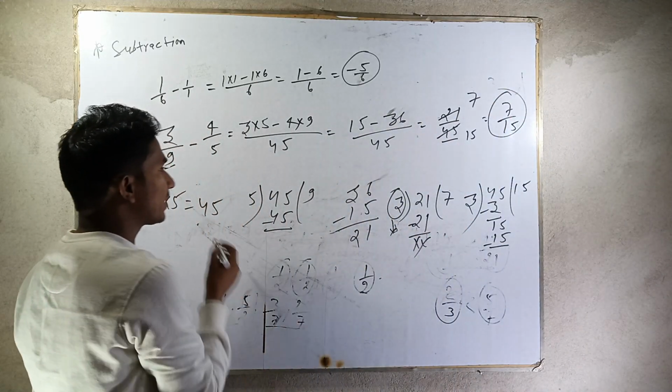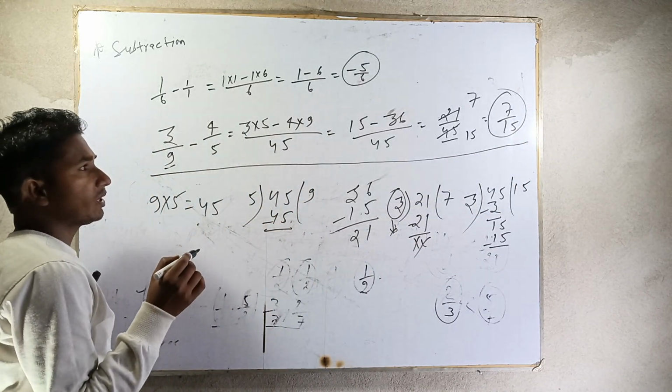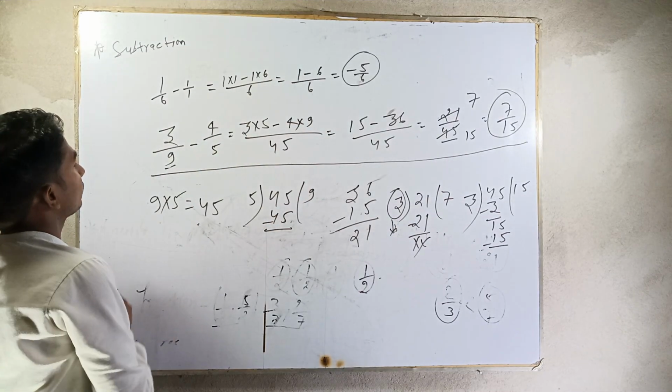So if I write this, its value comes out as 7 by 15.